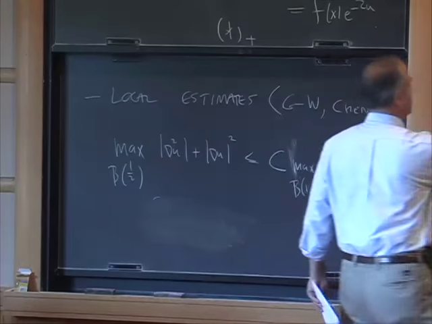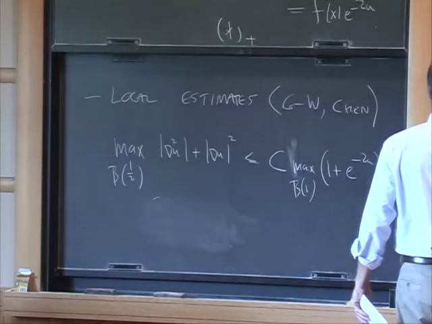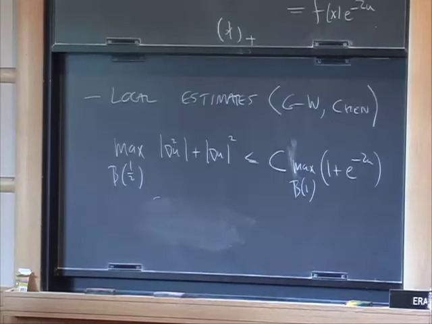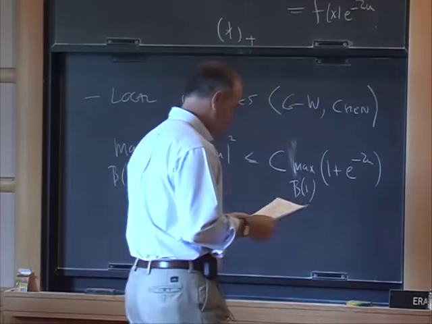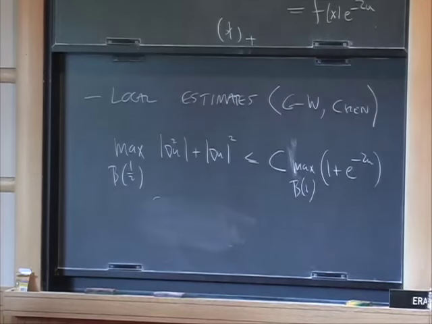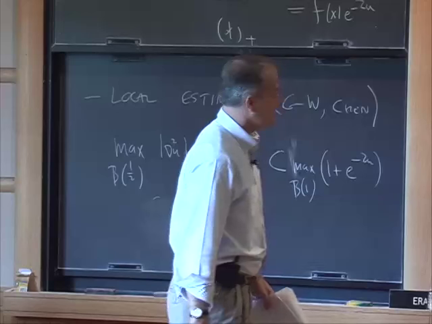So this implies that you can get bounds on derivatives of all orders, which depend upon the min of u. So control the min of u, control everything. That's what it boils down to. Okay, so I'll end the summary on this and begin today's lecture.